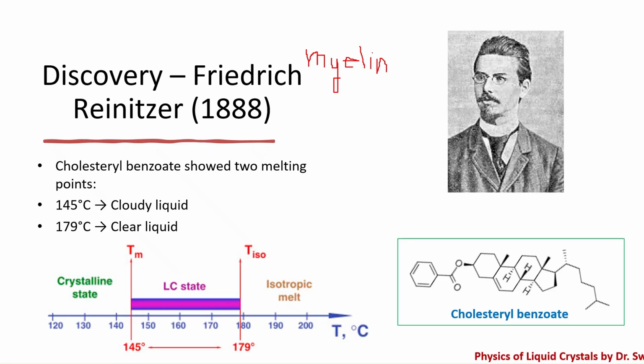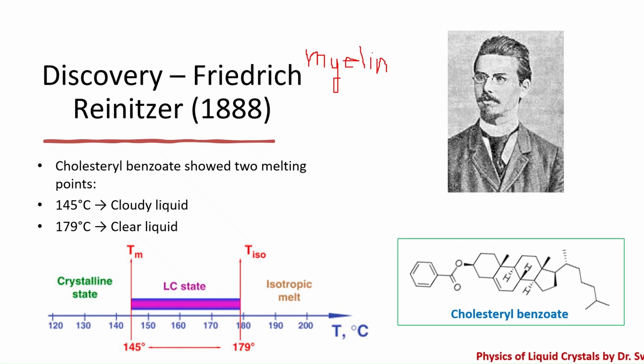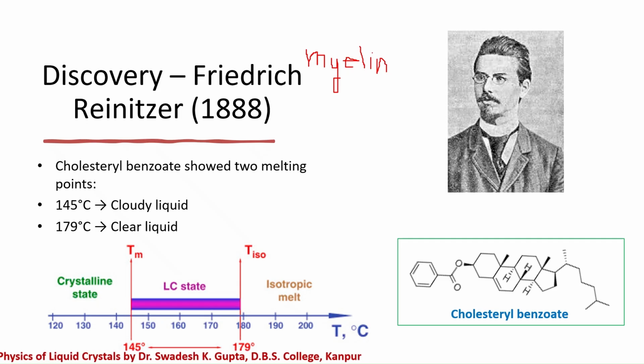When he heated further, at 179 degrees it became a clear liquid, so we can say it became isotropic. So there were two melting points for the same substance, and this was the first time someone observed that. But still it was not clear what it was. So he reported this puzzling behavior to Otto Lehmann.